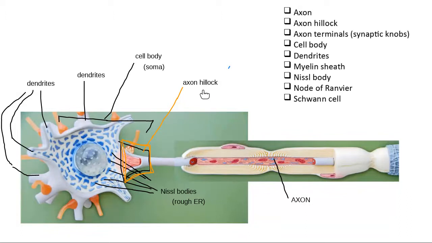A word that we're going to use a bunch in lecture related to what we do at the axon hillock is a process called integration. Integration is where you take all of the messages that each of our dendrites received and mix them together to process them, to figure out what we should say. And if we should say something, we will send that down the axon to talk to our neighbor.